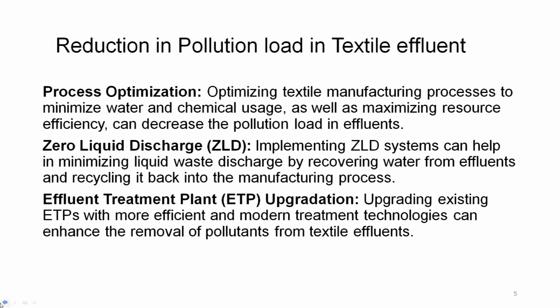Now, here I would like to emphasize that mills which are running for more than 20-25 years have had ETPs which were designed for conventional traditional treatment methods, and many new modern methods have come up. So, there should be some changes in the infrastructure so that they can accommodate and practice modern technologies.